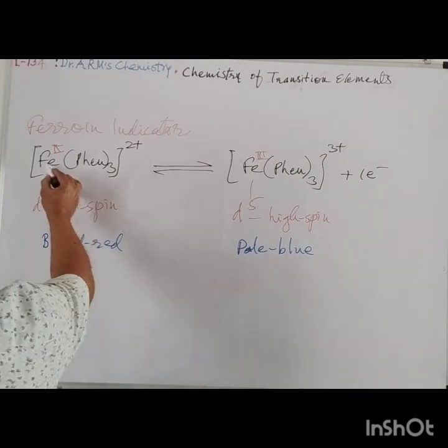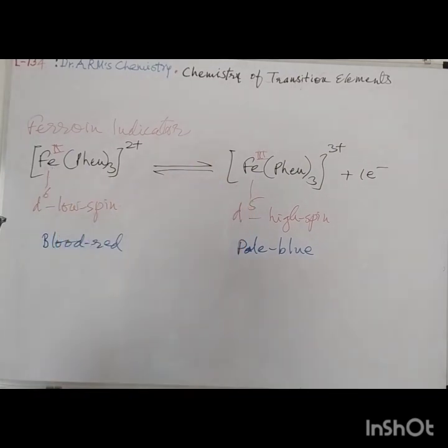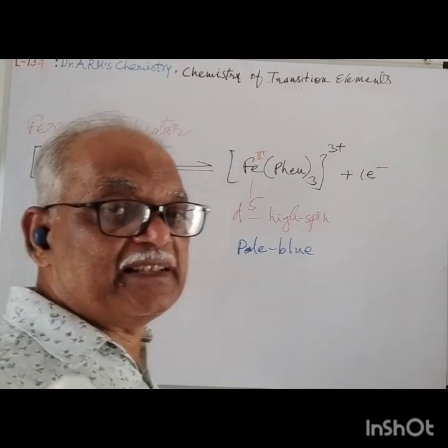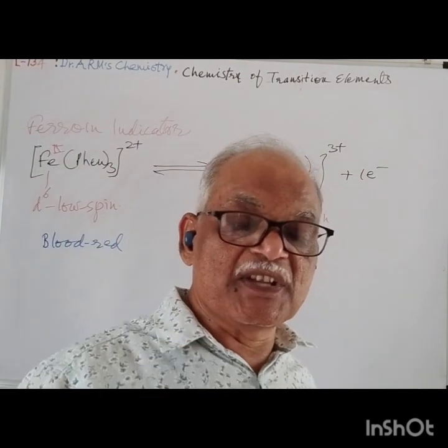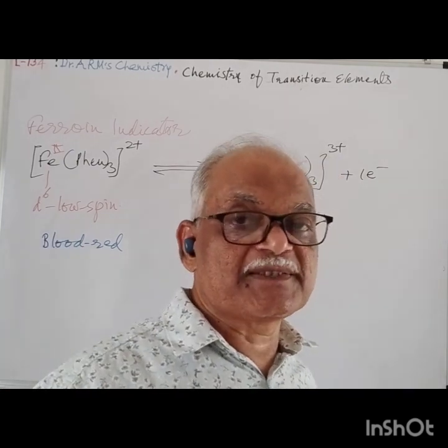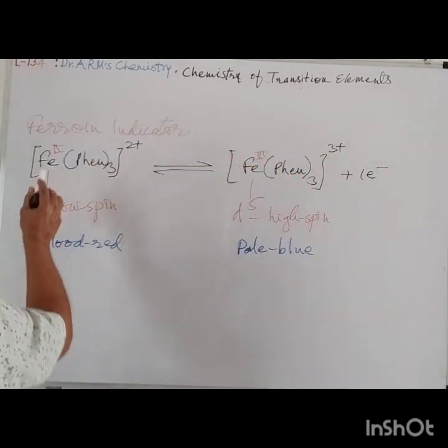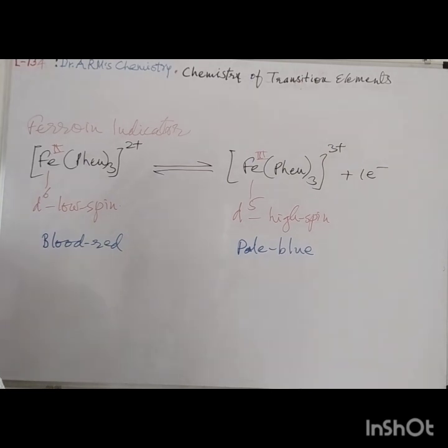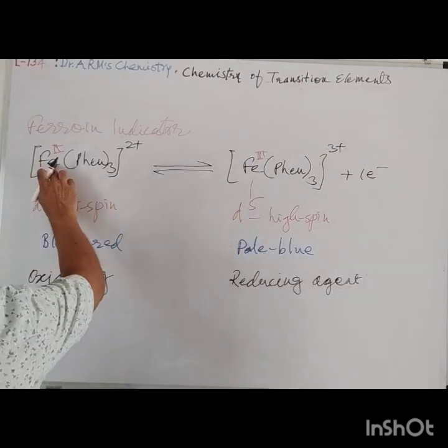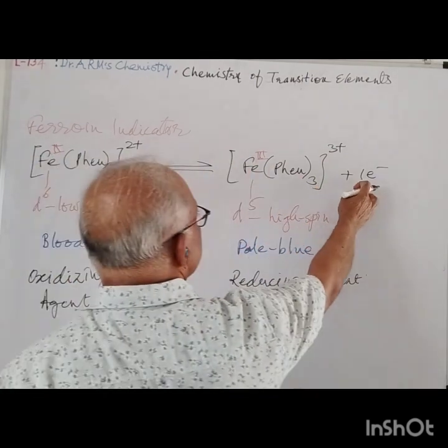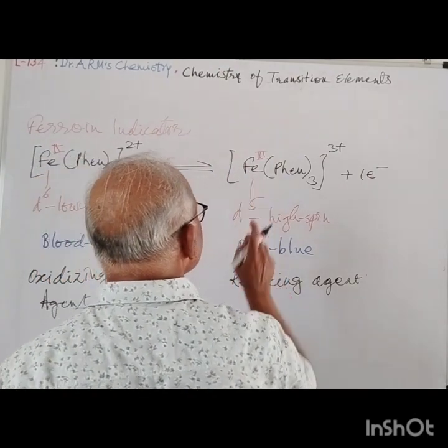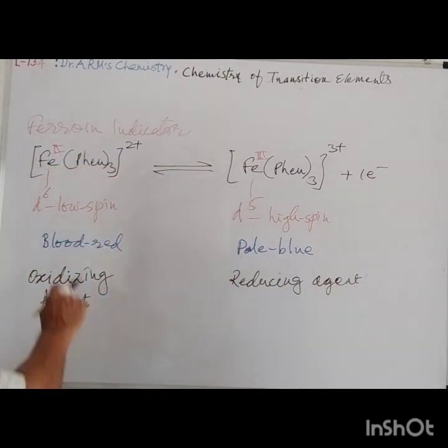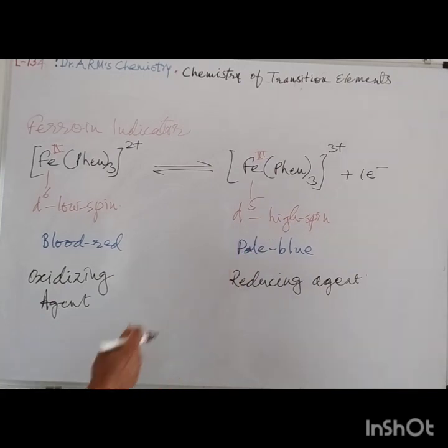We have seen that the complex solution contains both ions, Fe2 plus as well as Fe3 plus. In other words, Fe2 plus loses its electron and is converted into Fe3 plus, meaning it is oxidized.